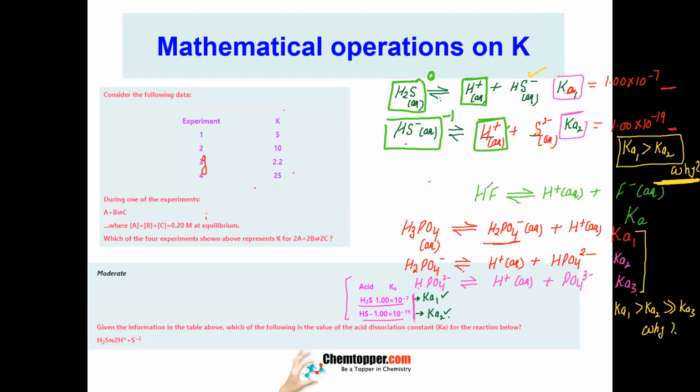In which case is pulling out H plus easier: when the charge is 0 or when it has a minus 1 charge? You know, minus and plus attract each other very strongly, isn't it? Who is holding this H plus more tightly, H2S or HS minus? Think about plus minus attraction.